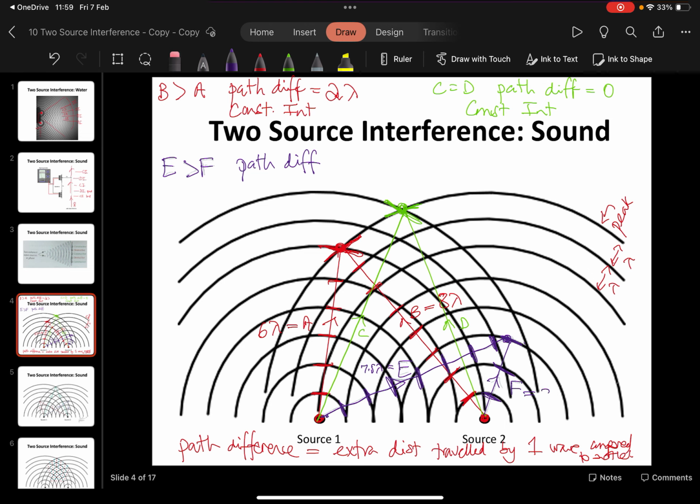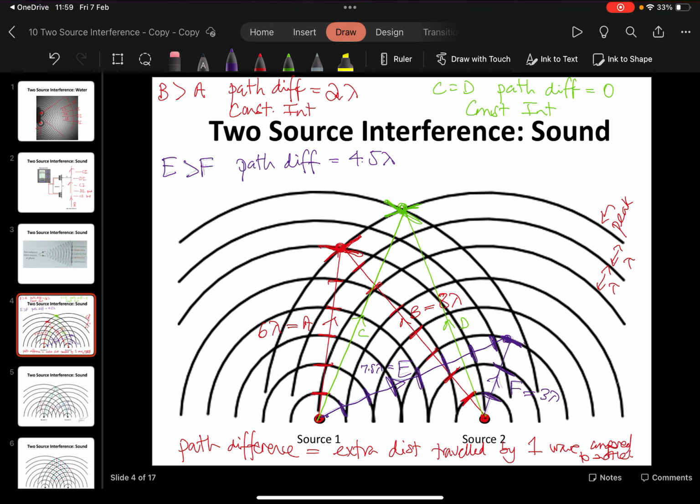So F is 3 wavelengths because it's the peak that I've reached at that point there. So is there a path difference? Yes, there is, but this time it is 4.5 wavelengths. It's now like 4.5 of a wavelength.